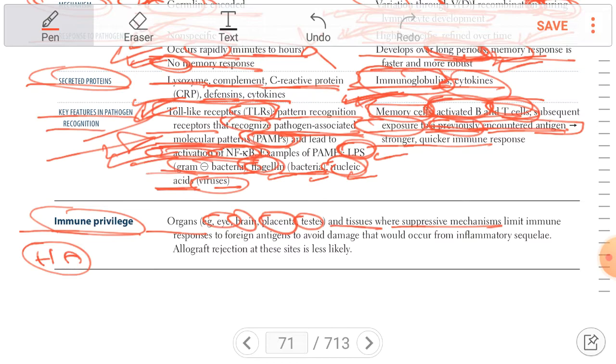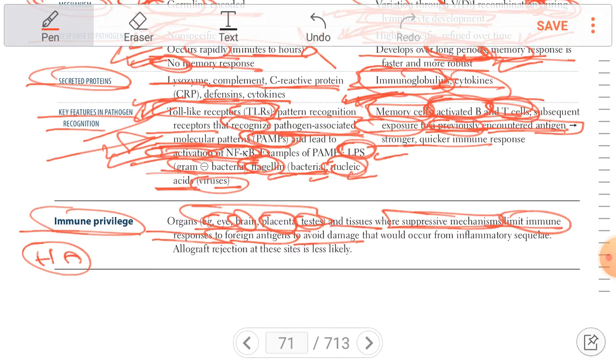During development, there is suppression of recognition of these organs by the body's immunity, a mechanism that limits immune response to foreign antigen to avoid damage.